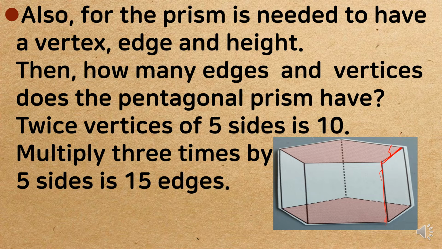Twice the 5 sides is 10 vertices: 1, 2, 3, 4, 5, 6, 7, 8, 9, 10. Multiply 3 times 5 sides is 15 edges: 1, 2, 3, 4, 5, 6, 7, 8, 9, 10, 11, 12, 13, 14, 15 edges.